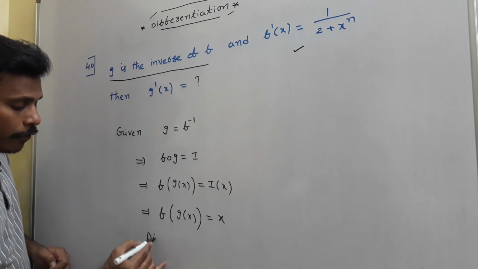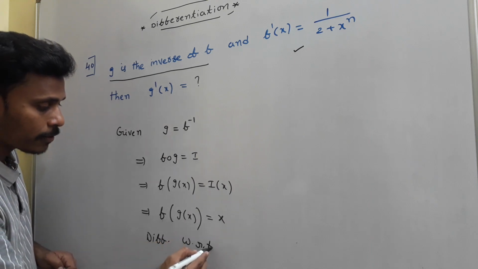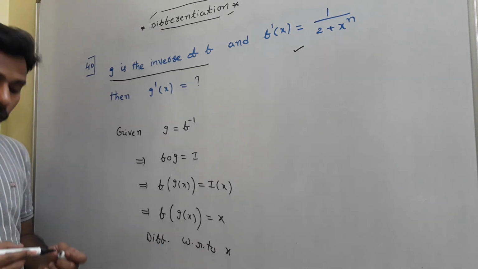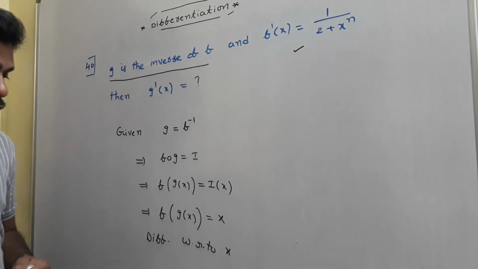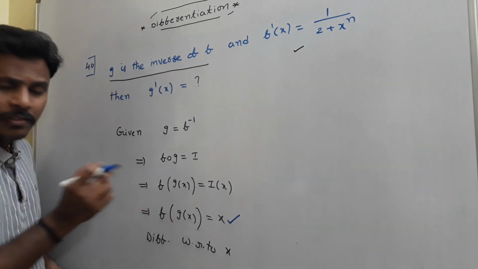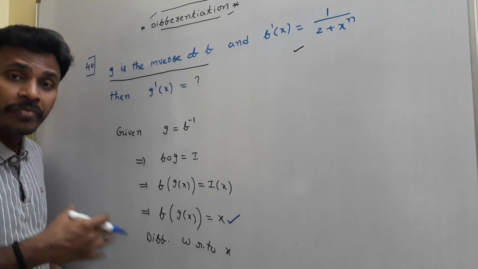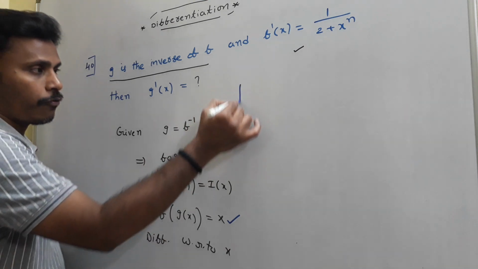Now you just differentiate with respect to x. F of G of x is equal to x. We need to differentiate it with respect to x. Left side, f of G of x is a chain rule, or you may say a composite function.